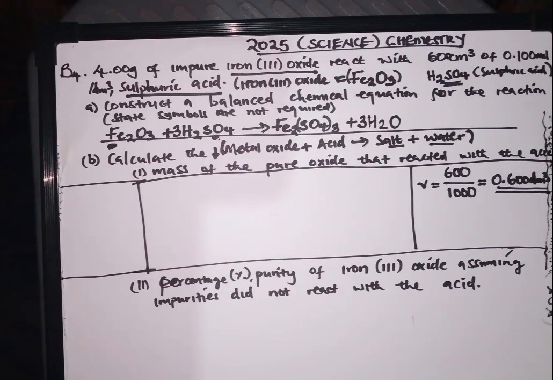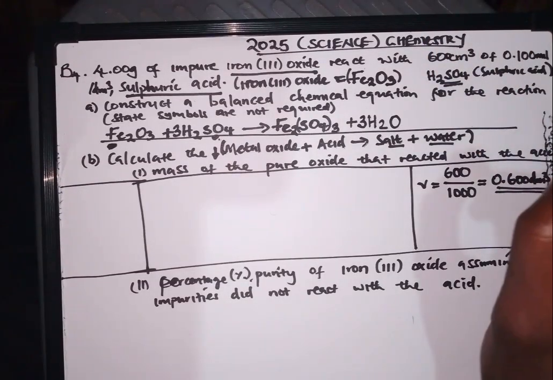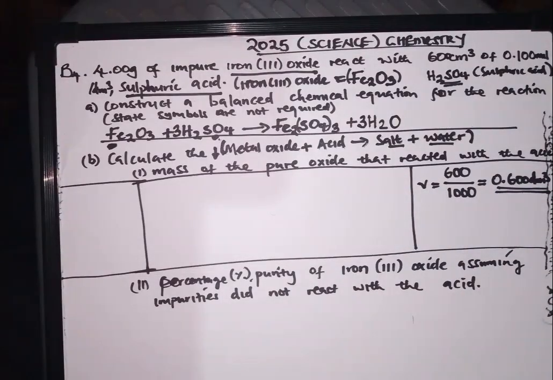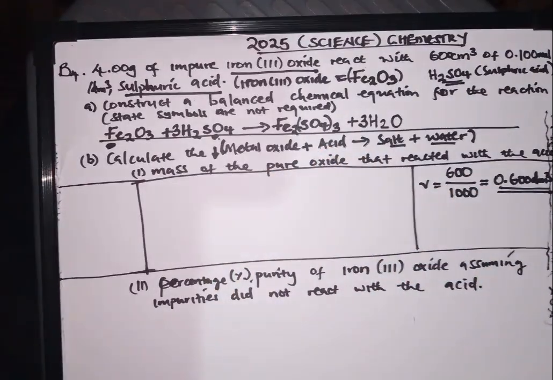Yeah. So always check for the compound which you have been given all the values. It can be mass, molar mass, or other stuff to calculate. They will always give you one compound with full values.